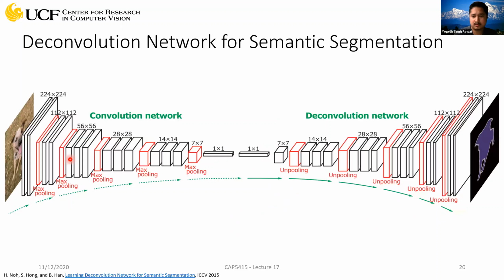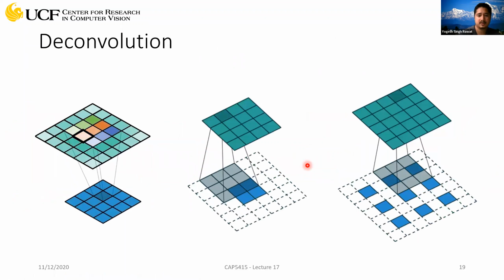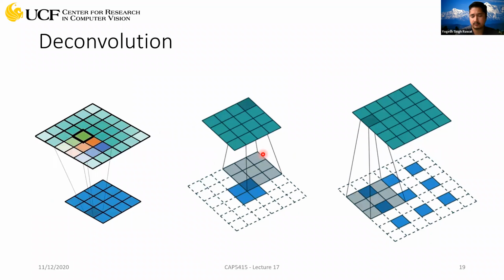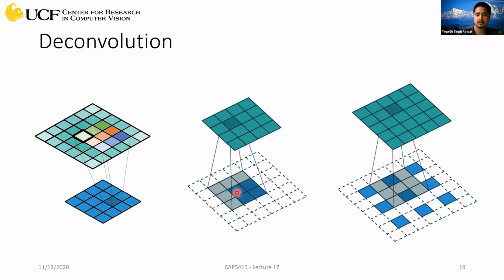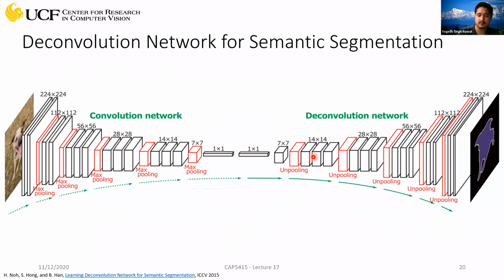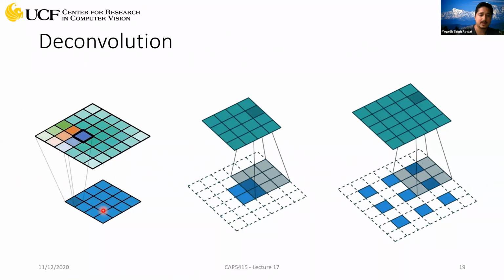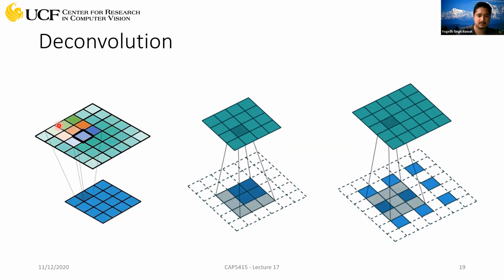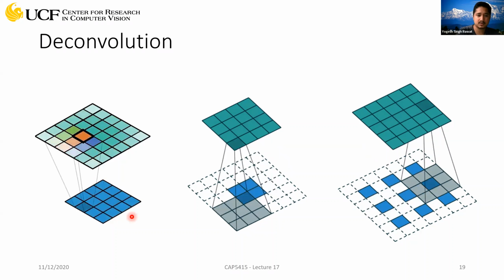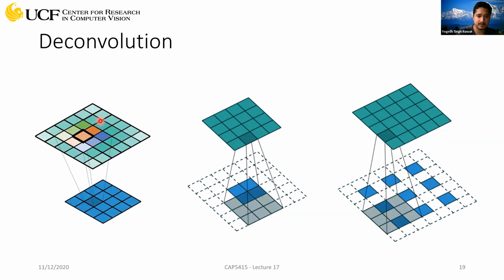Now, one thing you might notice is that you are increasing the resolution from 7x7 to 14x14 using unpooling, but when you're doing deconvolution, your resolution is not changing. But in all the variants we saw here, the resolution is increasing, right? So what they do is they perform this deconvolution and then they chop off the borders. So if it's 4x4, they will only take 4x4 values from the center.